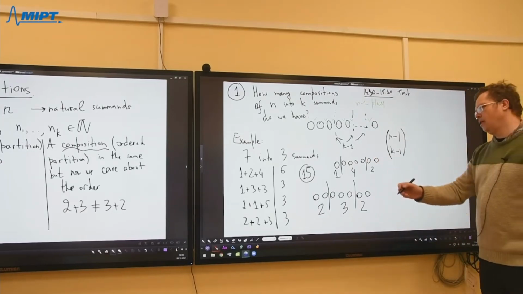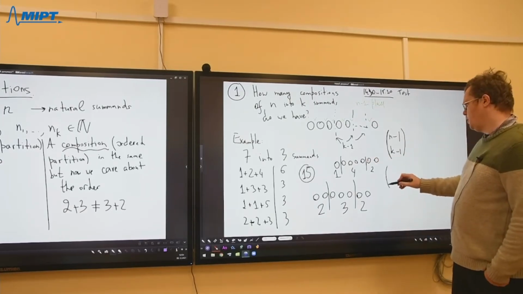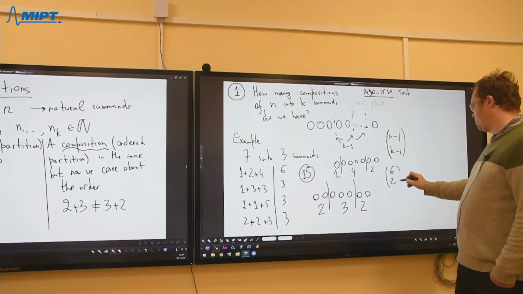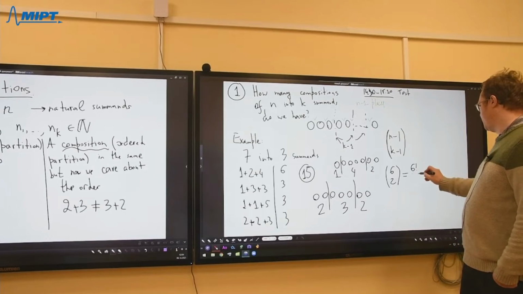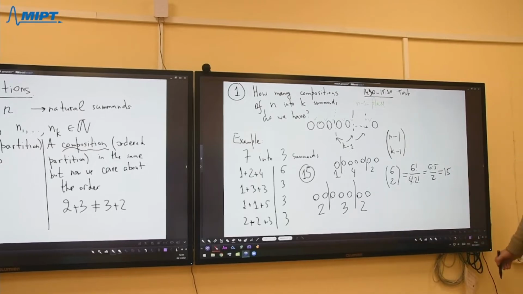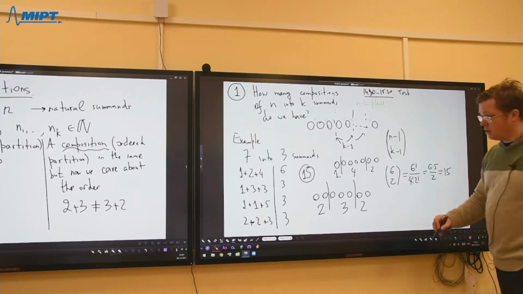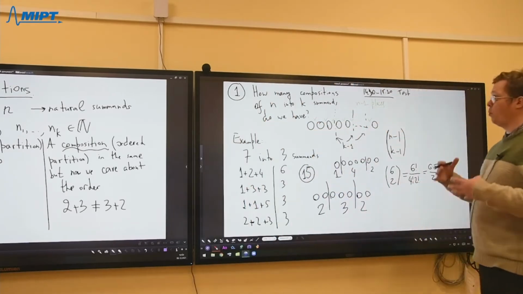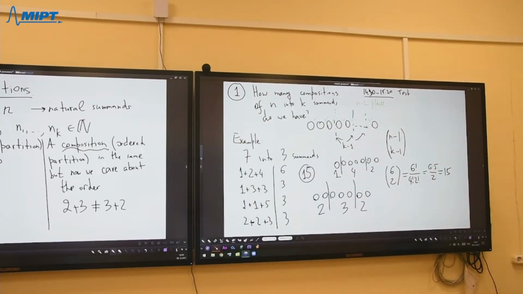And if we check, so if we take 7 and 3, then we have 6 choose 2, which is exactly 15. So this is correct. Okay, so this is the correct answer. And if you want to calculate all possible compositions of n, we just need to sum it over k.